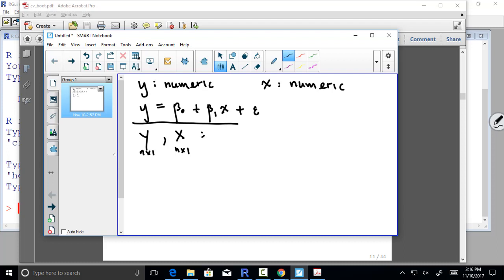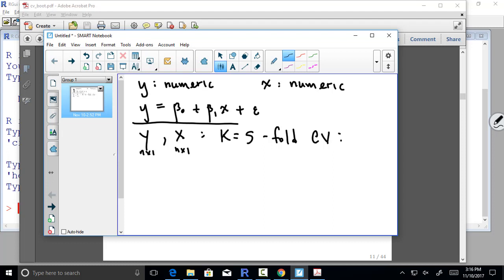For, let's say, k equal 5-fold cross-validation, we split y and x into 5 groups.